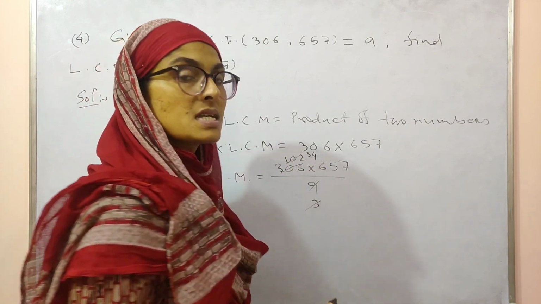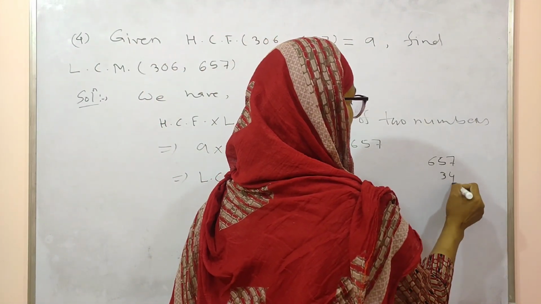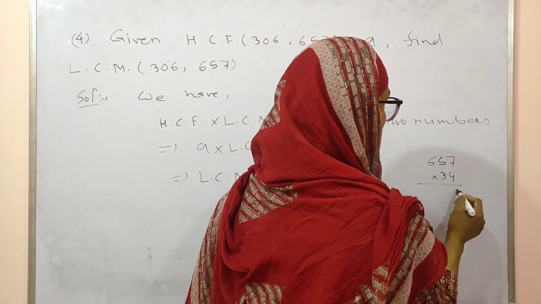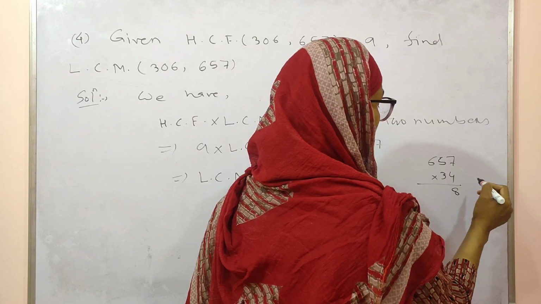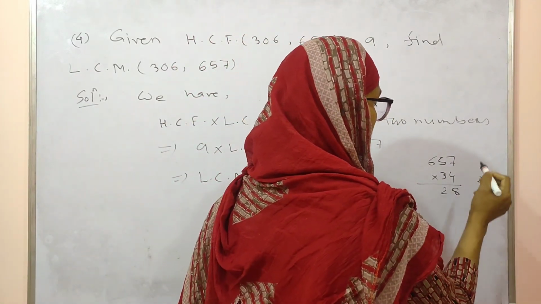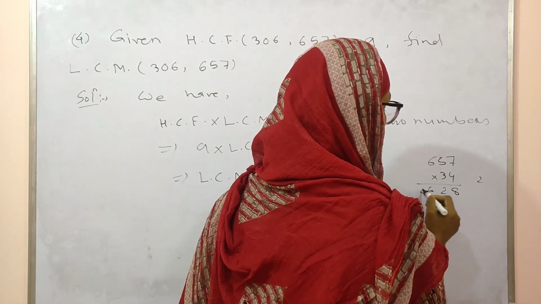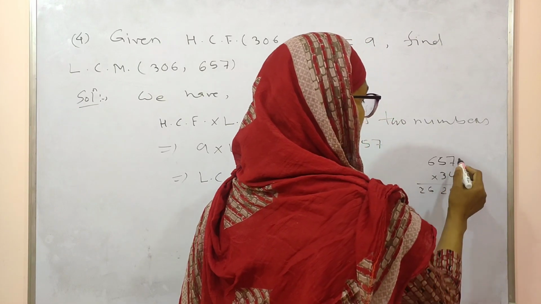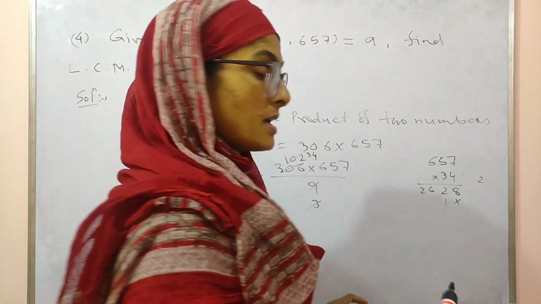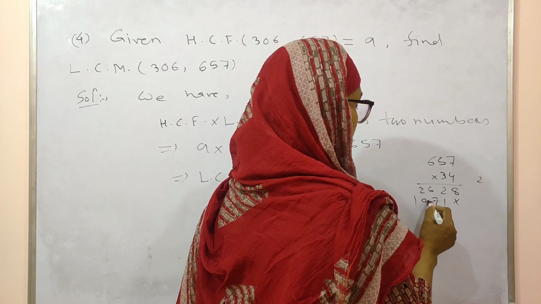Now multiply 657 and 34. You can multiply now. 7 fours are 28, 8 write and 2 carry. 5 fours are 20 and 2 is 22, 2 write and 2 carry. 6 fours are 24 and 2 is 26. Then 3 sevens are 21, 1 write and 2 carry. 3 fives are 15 and 2 is 17, 7 write and 1 carry. 3 sixes are 18 and 1 is 19.